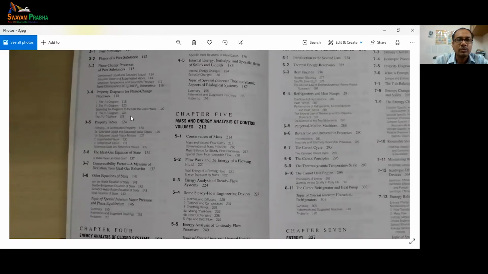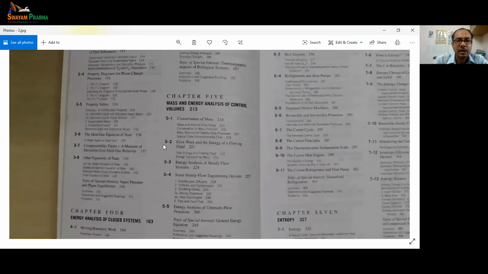Okay. And we have looked at how to look up numbers and values from the tables for water, water vapor, as well as for refrigerant. Common refrigerant is R134A. And also we have looked at the ideal gas equation, compressibility chart, how to use the real gas approximation, how much difference it makes, and all of it. Okay. So the third chapter we have covered.